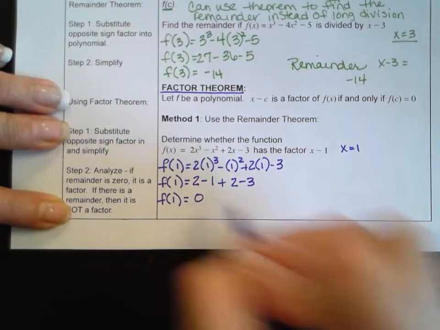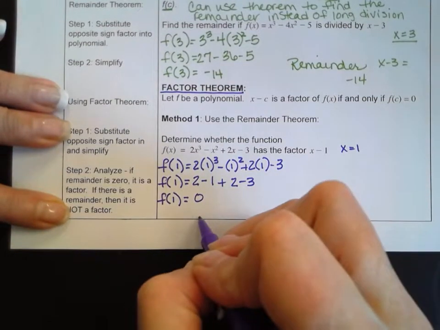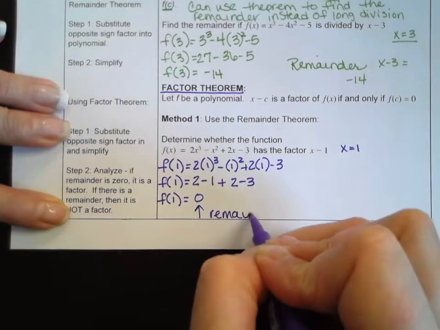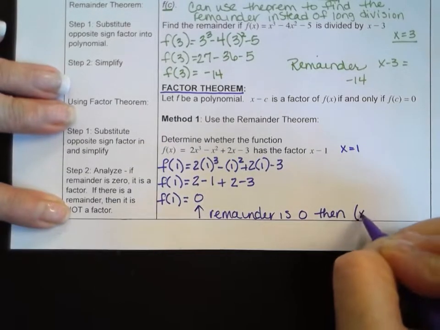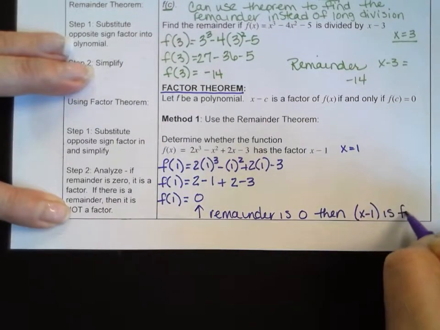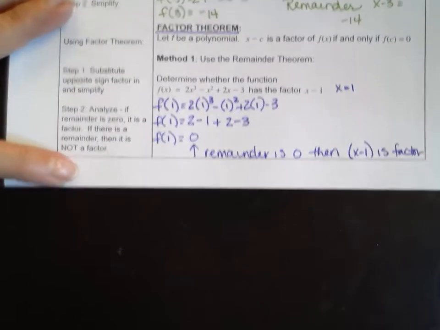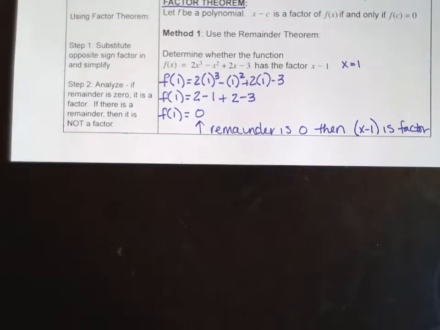And plug and chug, I get 0. Since my remainder is 0, then x minus 1 is a factor. Okay? Which is a whole lot easier than to try and divide out and all that other stuff. Make sense? Easy peasy? Sure. It's quiet today.